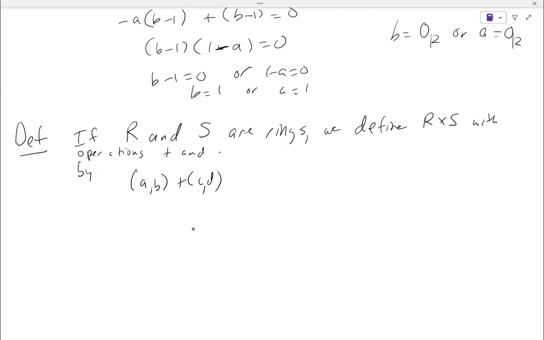So I need to define what the two operations are. If I'm going to take two ordered pairs and add them together, how would you like to add them together? Component-wise. Literally how we're going to add them. Better yet, if you want to multiply them together, what do you think you would like to do? Also component-wise, yeah.